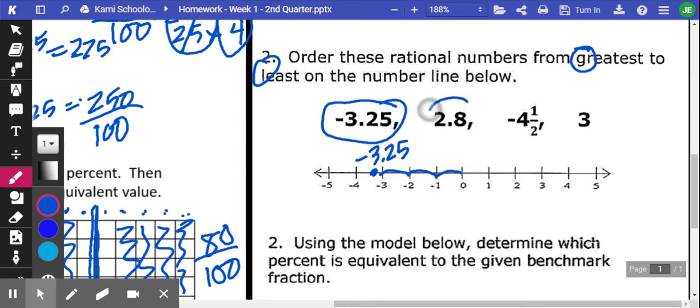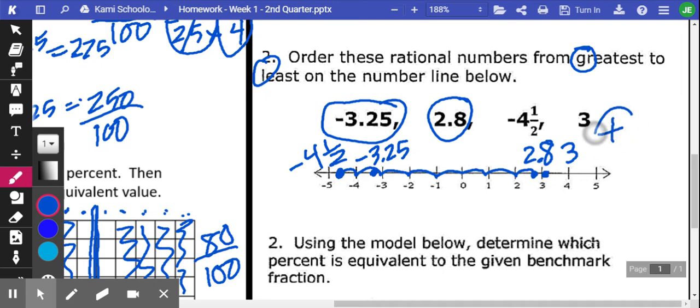All right, then we're going to go +2, and then past +2 to +2.8. 1, 2, and then closer to 3, we're going to go 0.8. And then we have the decimal at 3, or the point at 3. Then we have negative 4.5. So we're going to go all the way to negative 4, and then halfway past negative 4, 4 and 1/2.